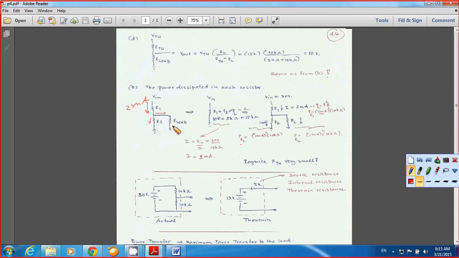Since R2 and R load are equal, both 10k ohms, this splits to 1 milliamp and 1 milliamp. So that's why I have P_R2 here: 1 milliamp squared multiplied by 10k ohms, and this is 1 milliamp squared multiplied by 10k ohms. So basically you're losing your power here.